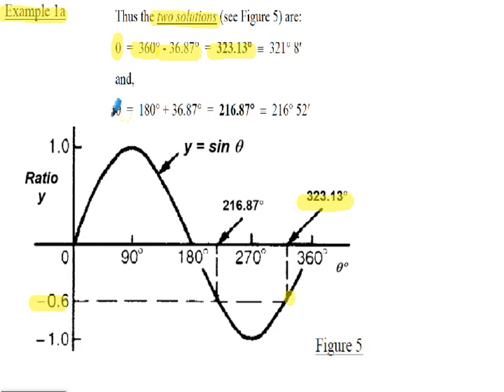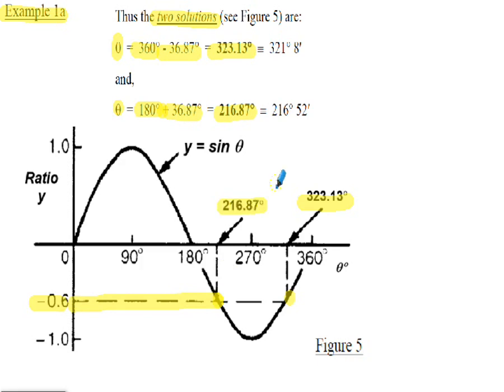And then to get the second value of theta, we know from our ASTC diagram it's 180 degrees plus 36.87 degrees. So 216.87 degrees is our second solution. Again, this minus 0.6 ratio, this line here cuts the curve here and gives us the 216.87 degree value.